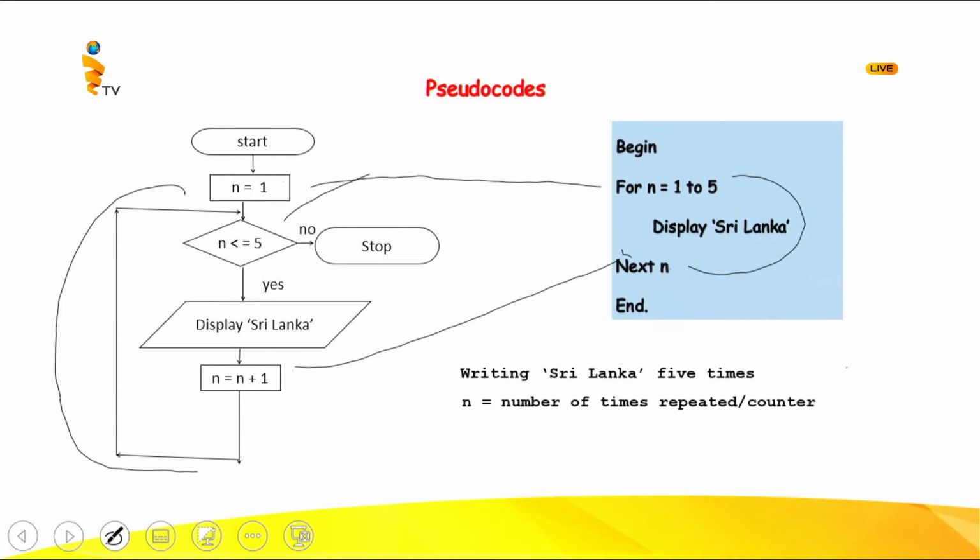So we say that in the for loop, the loop will execute if the condition is true, or if it says yes, we have to go on. When it becomes false, the loop will stop and jump out of it. So this is the way we write a pseudocode to represent this for structure.